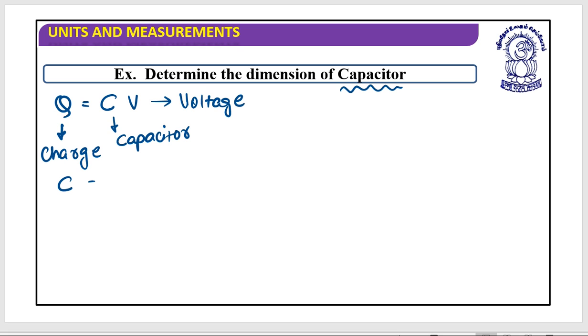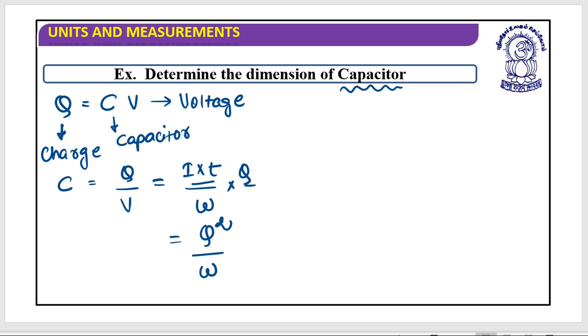So C would be Q divided by V. Do you know the charge? Yes, very good. Q is equal to I into T. Do you know the voltage? Yes, this is work done by charge again. So this is Q square divided by work done.